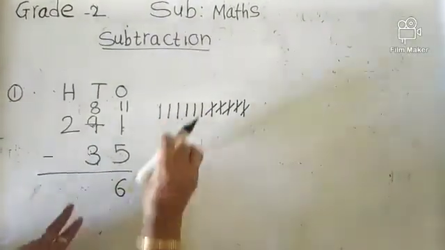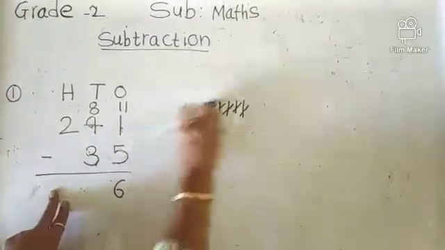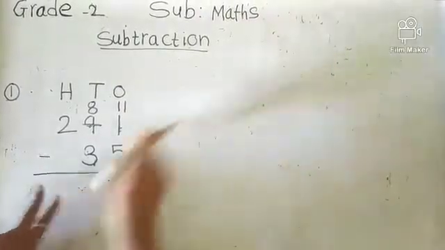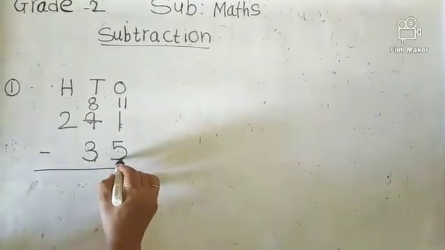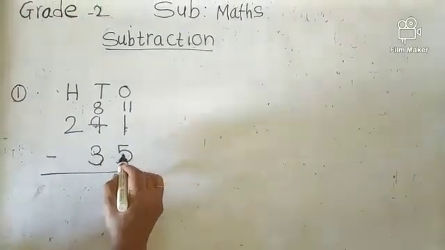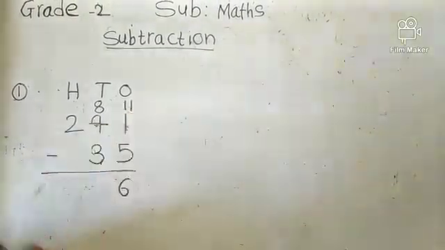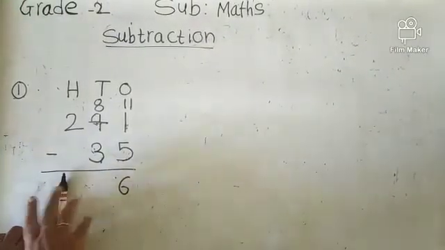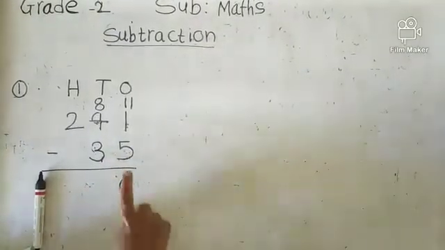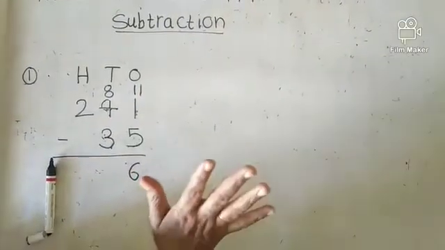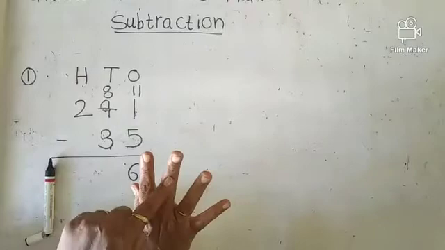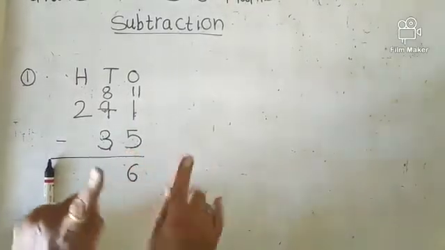Another method is we have to subtract 5 from 11. So we have to count forward from 5 to 11. Okay, how to do? Look, I am showing you. From 5 we have to count till 11. Then 6, 7, 8, 9, 10 and 11.